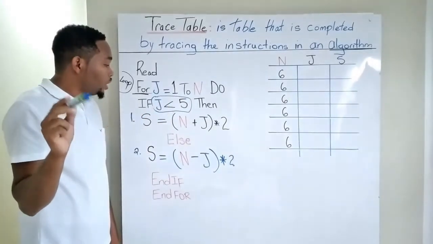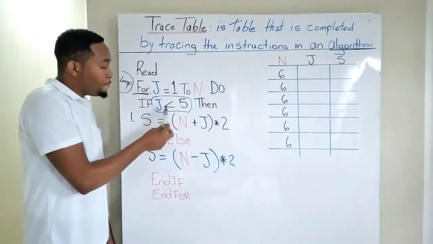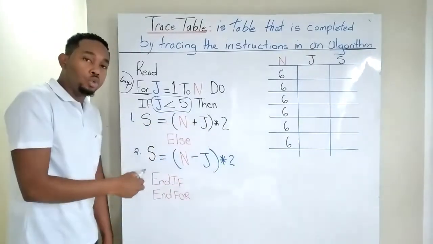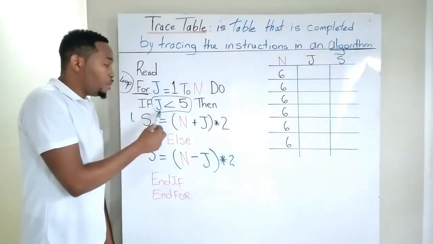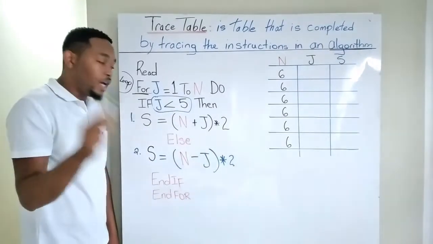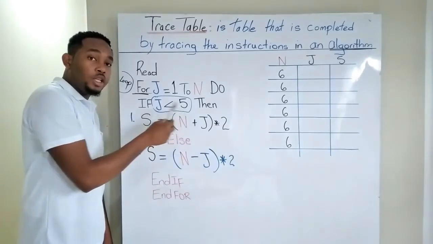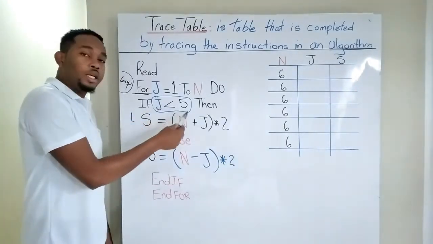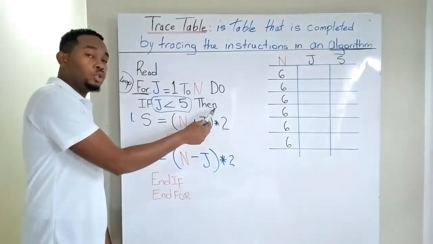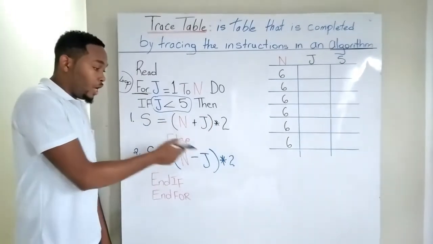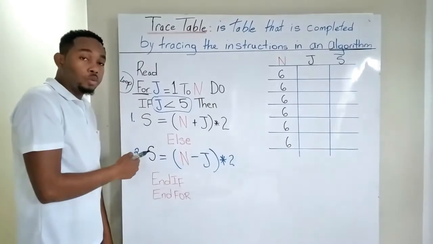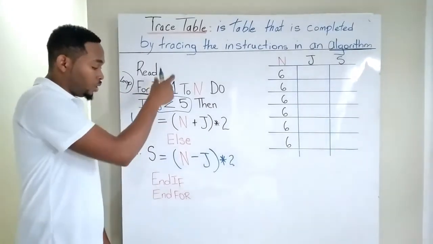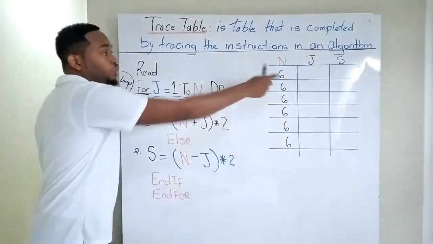The condition is j must be less than 5 for you to do option 1. If j is less than 5, then you proceed to the first option, else you proceed to the second. So let us execute this algorithm within our trace table.